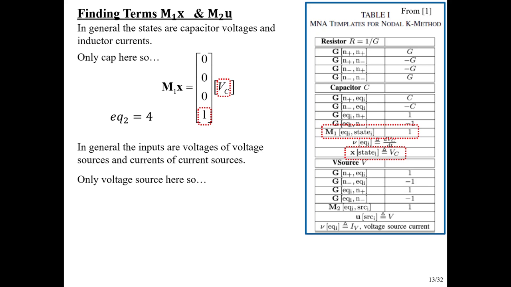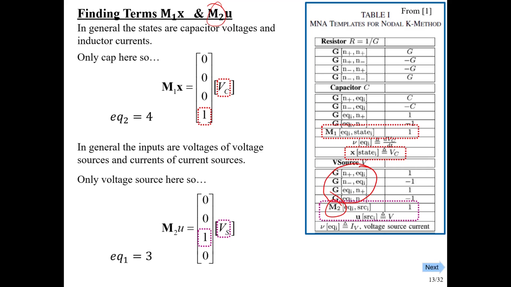So now we need to look at our inputs. So I show only voltage source here, but we could handle current sources as well. I just left that off the table shown here. So we've got a voltage source. We've already handled its impact on G. We're looking for its impact on M2. So what was the equation for that?